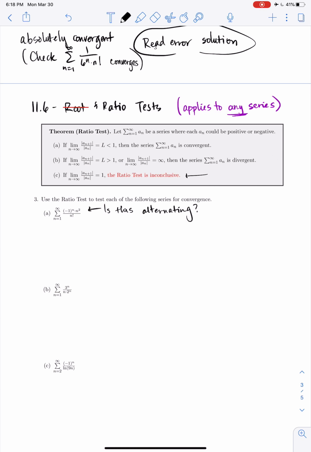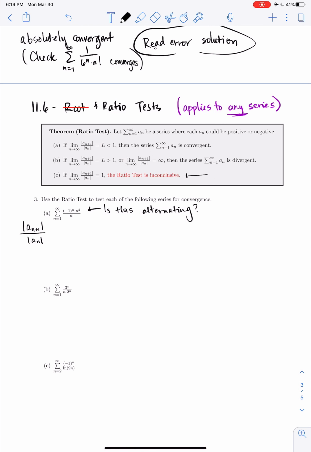Okay, so ratio test means you're going to compare the ratio of the terms in the sequence as you go to the next one. So if my sequence is 1, 2, 3, 4, 5, 6, 7, 8, then there's always some sort of a pattern there, n plus 1, n plus 2.